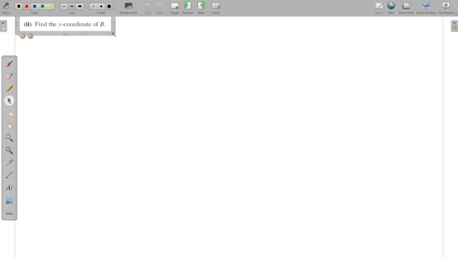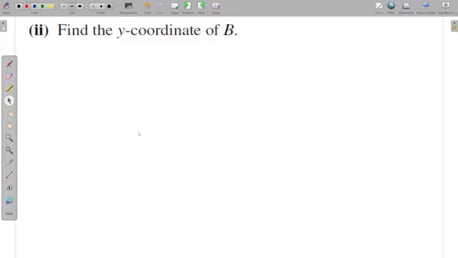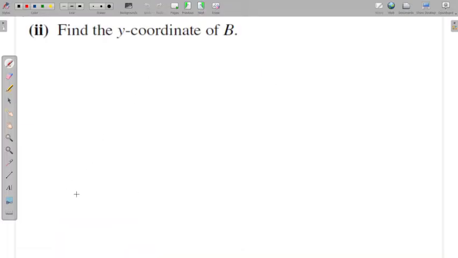Now they have asked us to find the y coordinate of B. Basically, we have to find this value. For that, we first have to find the x coordinate of B. We already have one of the x values, so let's use the all sine tan cos diagram.